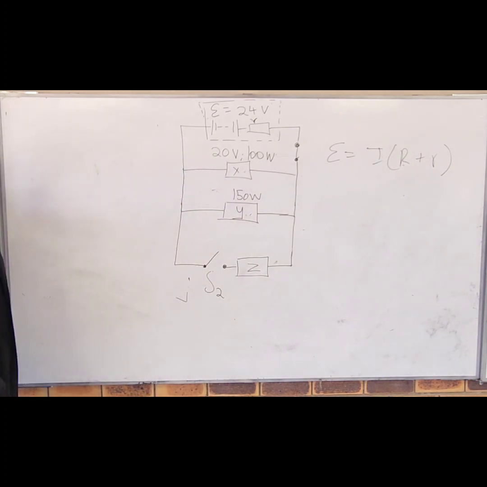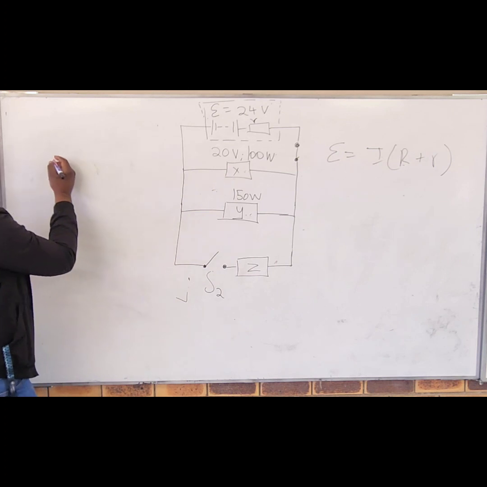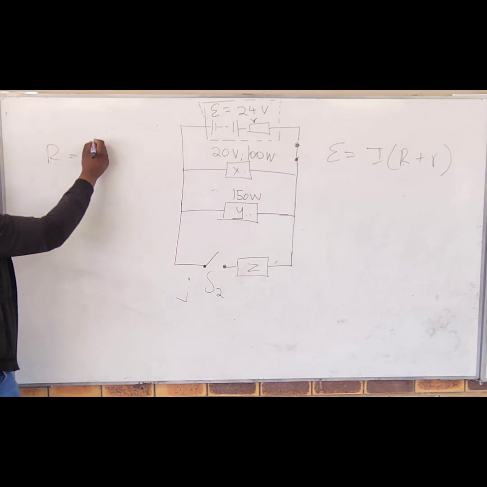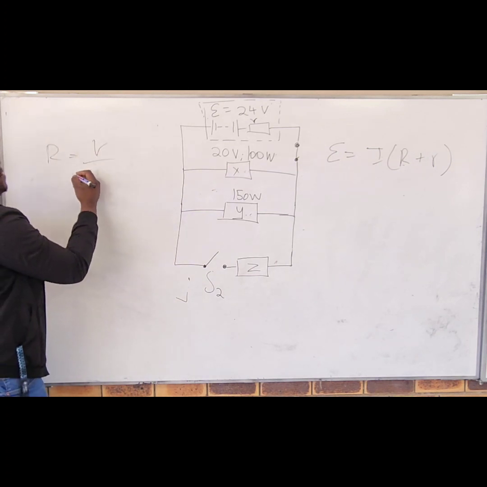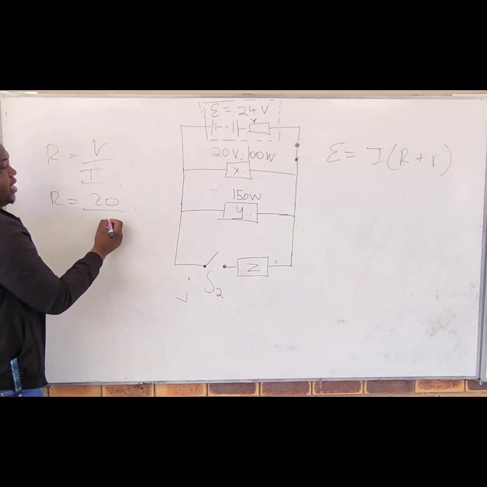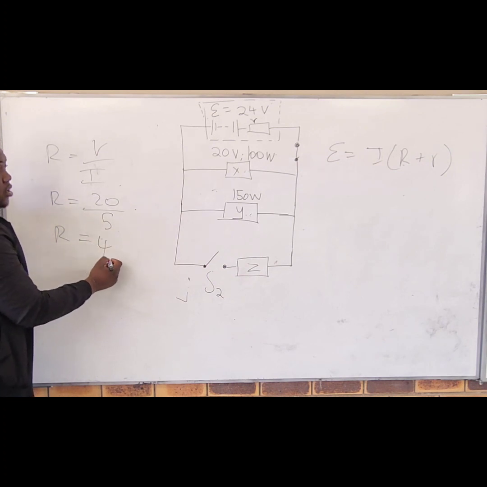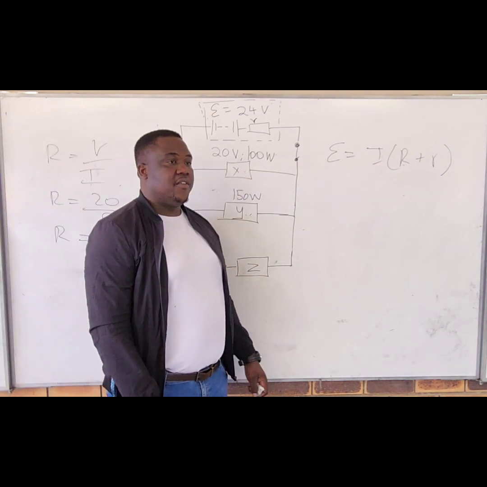Yeah. So now we want the resistance here. So it means the resistance is equal to V over I, right? The voltage is 20, the current there is 5, right? Resistance will be 4. So it means the resistance here is 4, right?